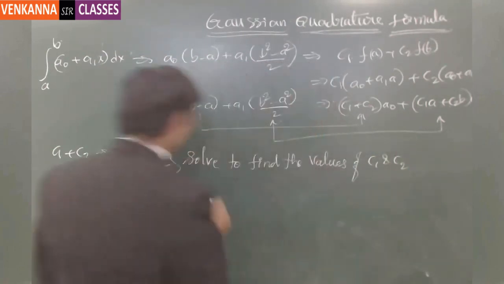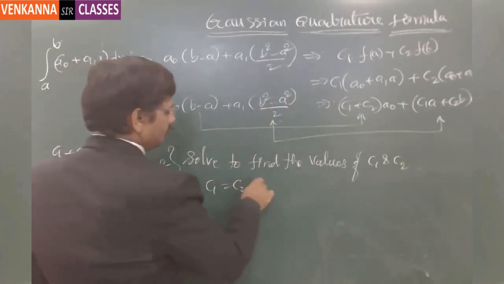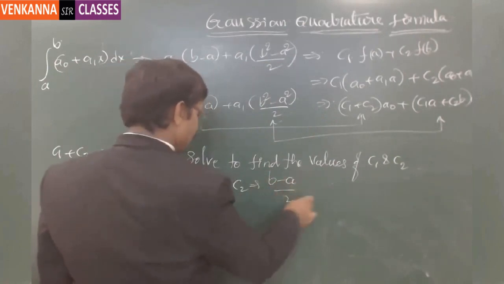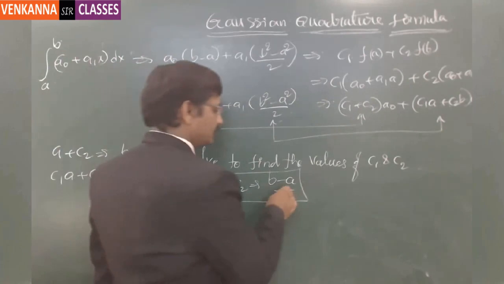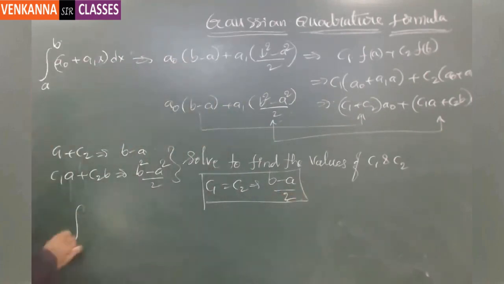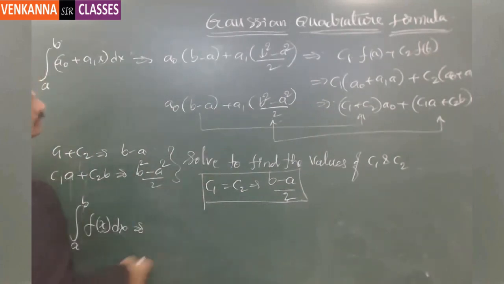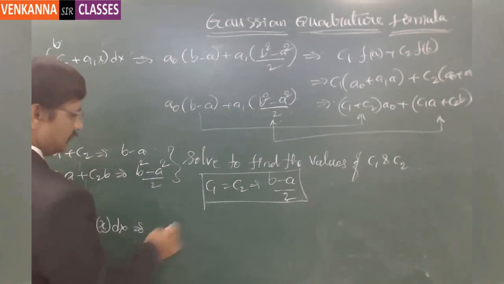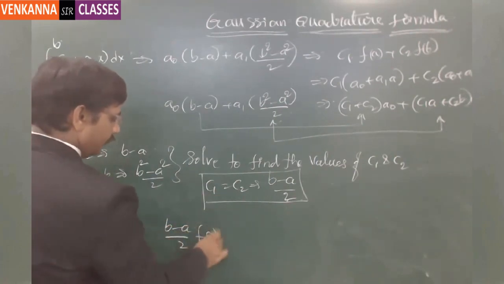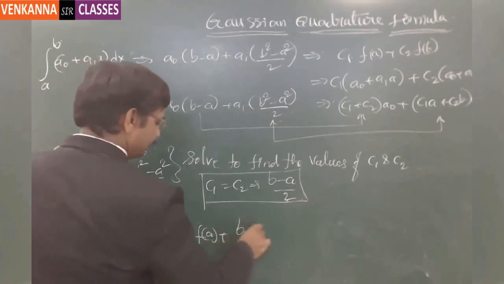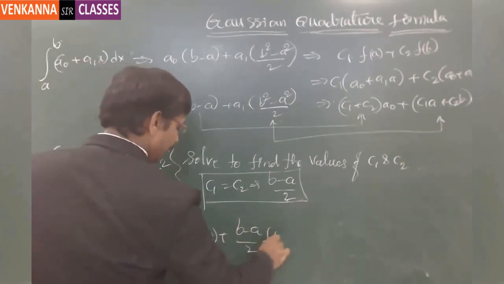If you find these values, C1 is equal to C2 is equal to b minus a by 2. Now from this relation, we can straight away find the integral a to b f of x dx, which is equivalent to b minus a by 2 times f of a plus b minus a by 2 times f of b.